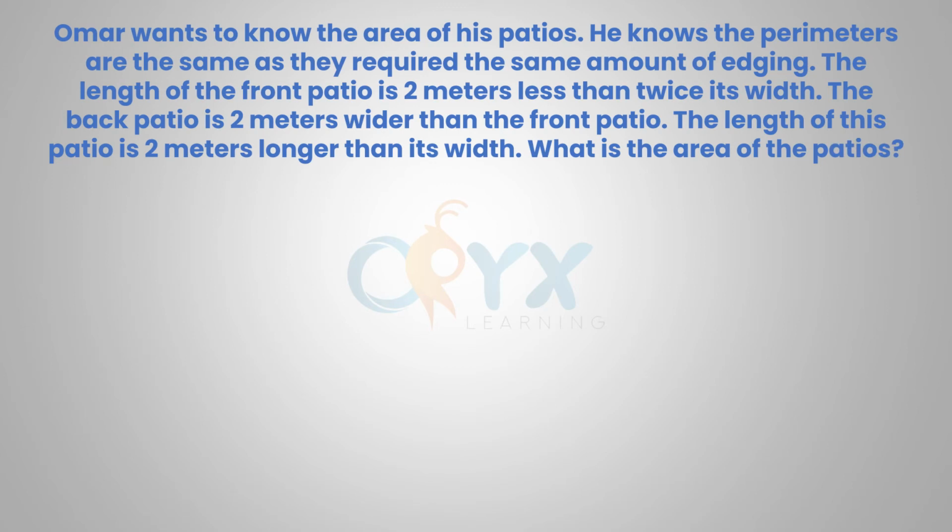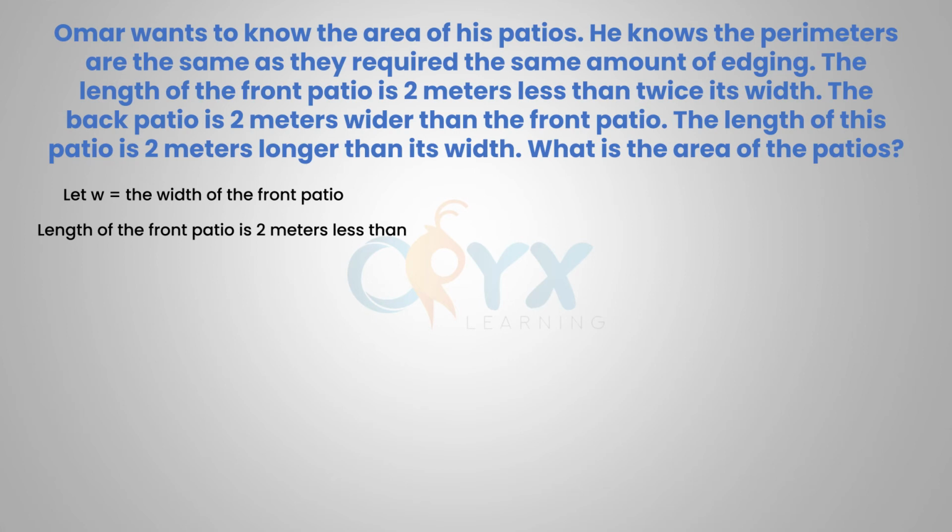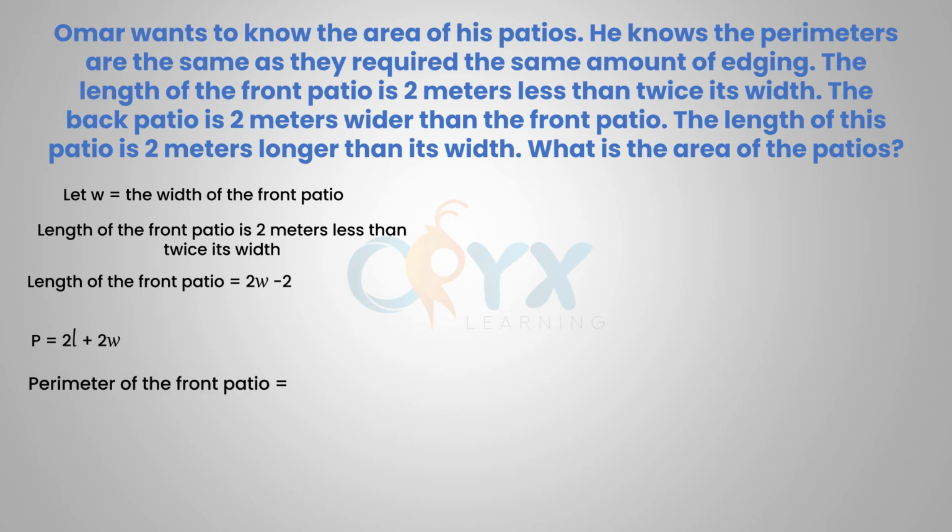So first we can let W equal the width of the front patio. The length of the front patio is 2 meters less than twice its width. So the length of the front patio is 2W minus 2. The perimeter of a patio or a rectangle is 2L plus 2W. So the perimeter of the front patio is 2L plus 2W.